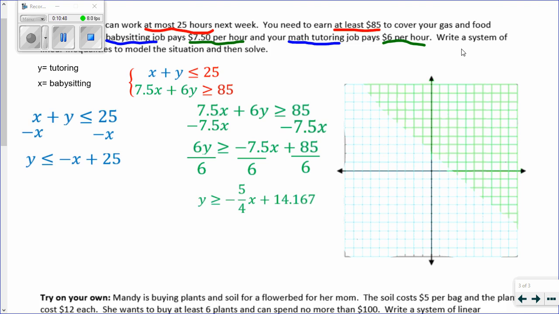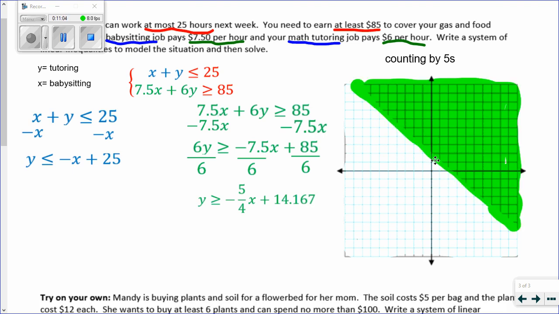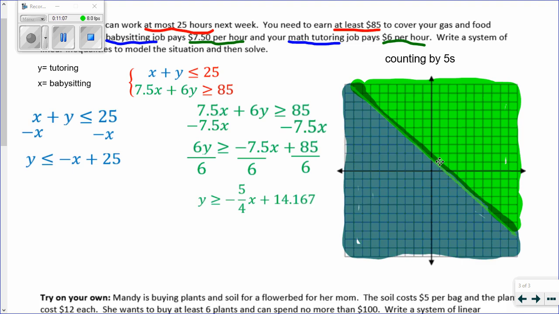So to graph these, because my graph was too small, I decided to count by 5s. Everything. So 25 would actually be 2.5 right here. And then I would be going down 1 over 1, down 1 over 1 the whole time. Which, why is this green? It's supposed to be blue. There you go. There's my blue.